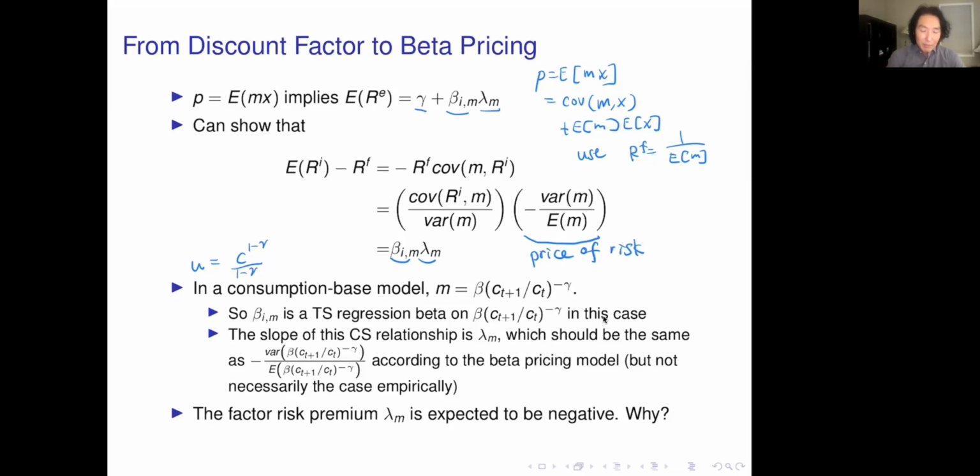So the fact that beta is given as the covariance over variance means that the beta is the time series regression coefficient. So what do I mean by that?